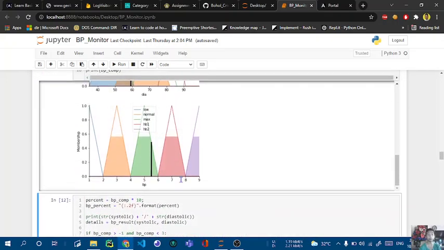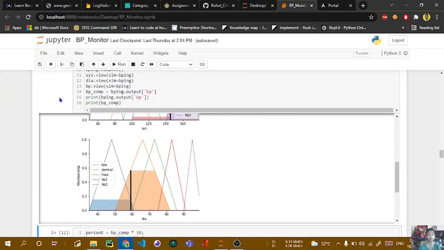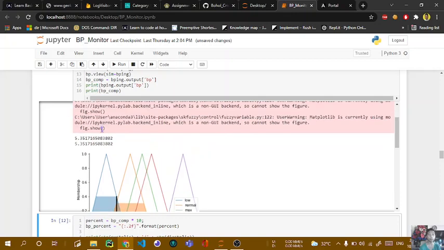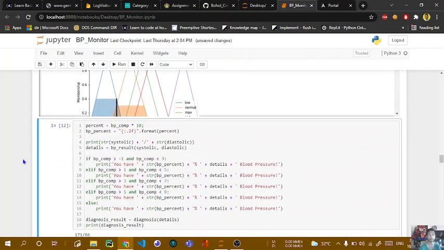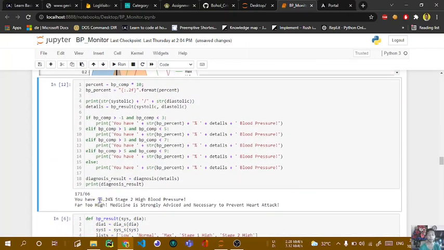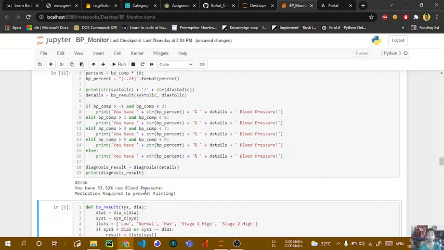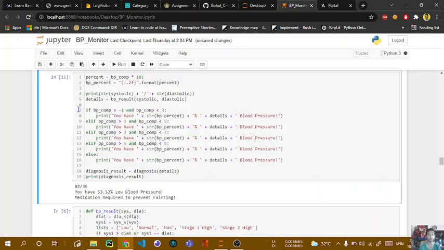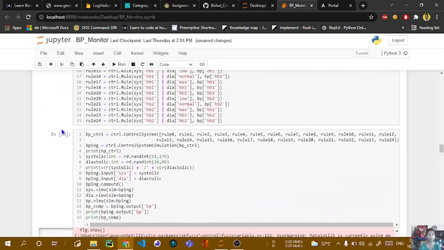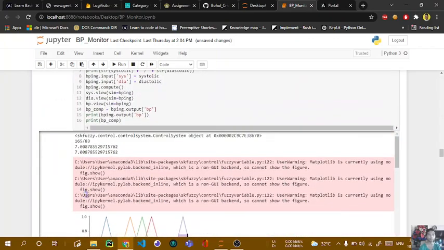If we want to run another test, we can do that. 82 over 36 gives 5.35. If I run this again, you have 53.52% low blood pressure. Medication required to prevent fainting. Another test is 165/83.